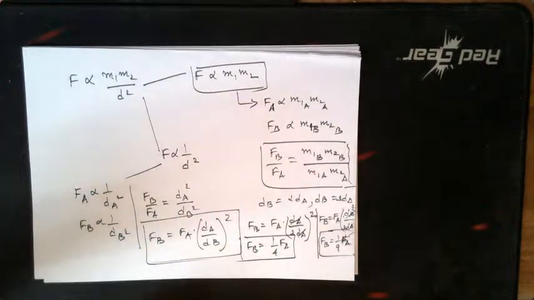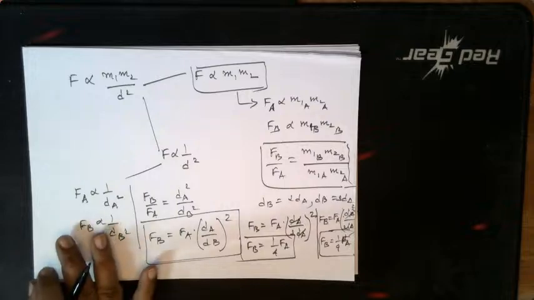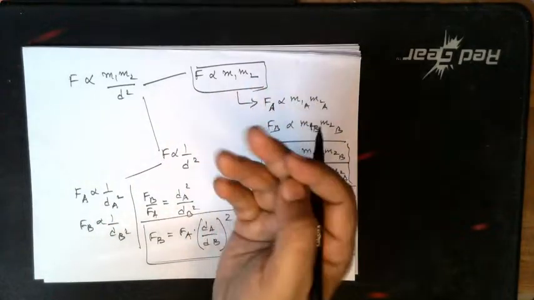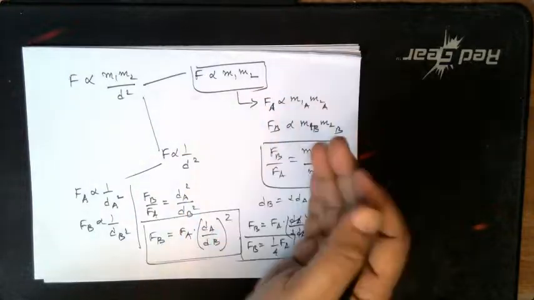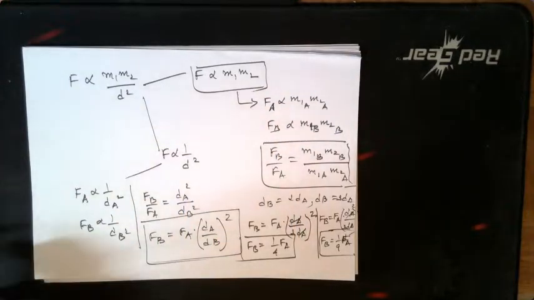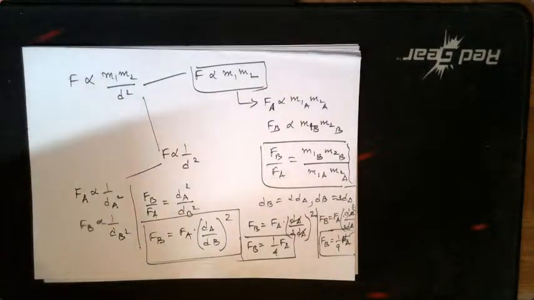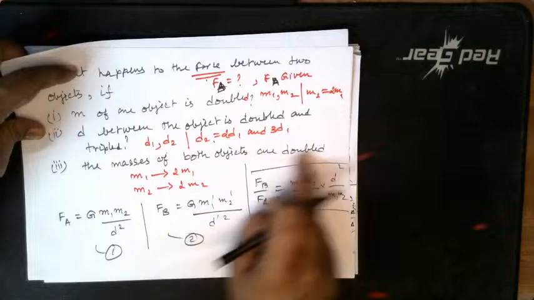Now in the previous sum, I would have handled in a different way. But in this case, why have I taken M1, M2 and M1 dash, M2 dash, or say M1A, M2A? Because in the third question, please go through that, it is asked that the masses of both objects are doubled.